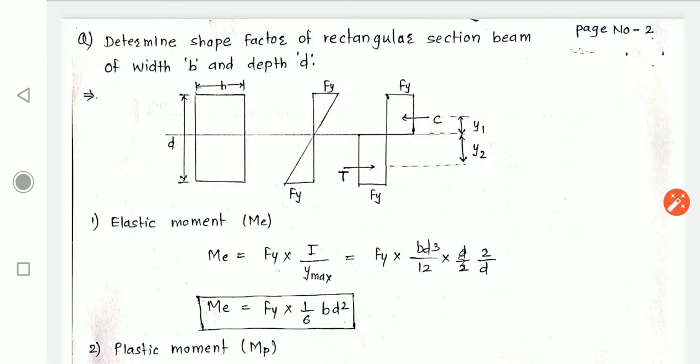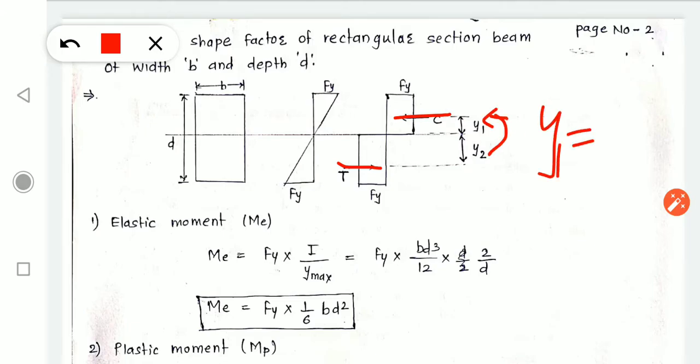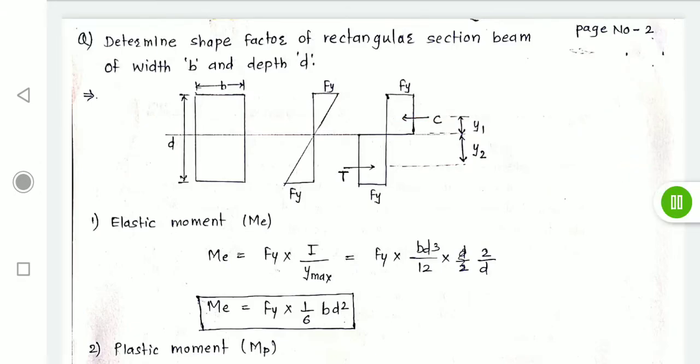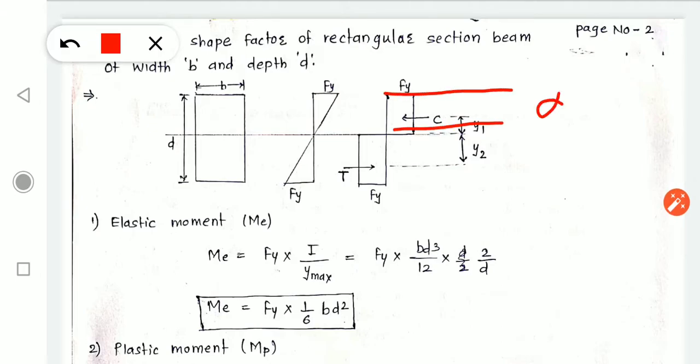Okay, now I have shown compression force over here and tension force over here, and they are equidistant. Y1 and Y2 in this case will be equal. Now tell me what will be the distance of Y1 and Y2. See, this is D by 2, right? Because this is half and this is half.